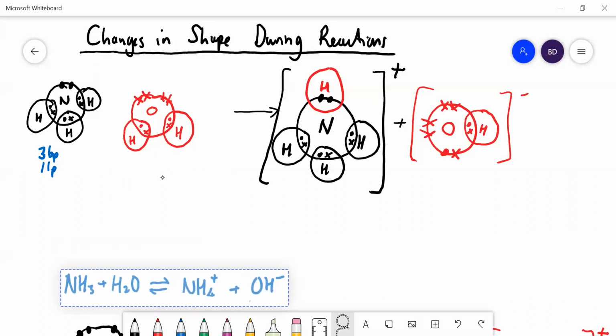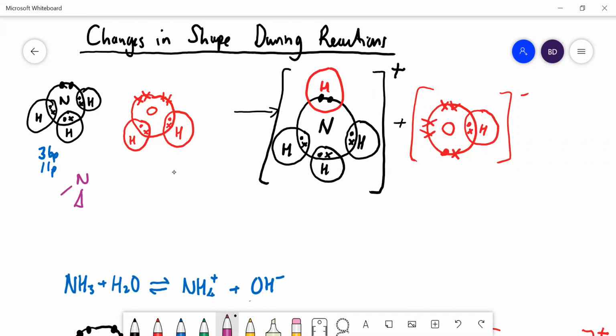You've got your hydrogens there, and you've got a lone pair there. That's going to make the bond angle a little bit smaller than it should be, so that's going to be 107.5.